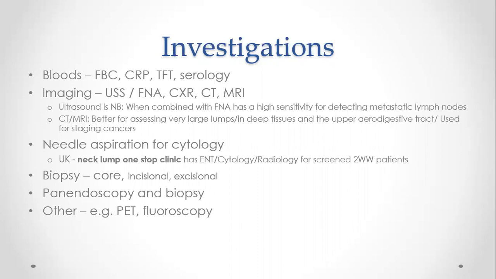We use CT neck only if we suspect there is any neck abscess. And if it's a malignant lymph node, we need to do CT chest, CT abdomen, and CT pelvis to rule out metastasis.